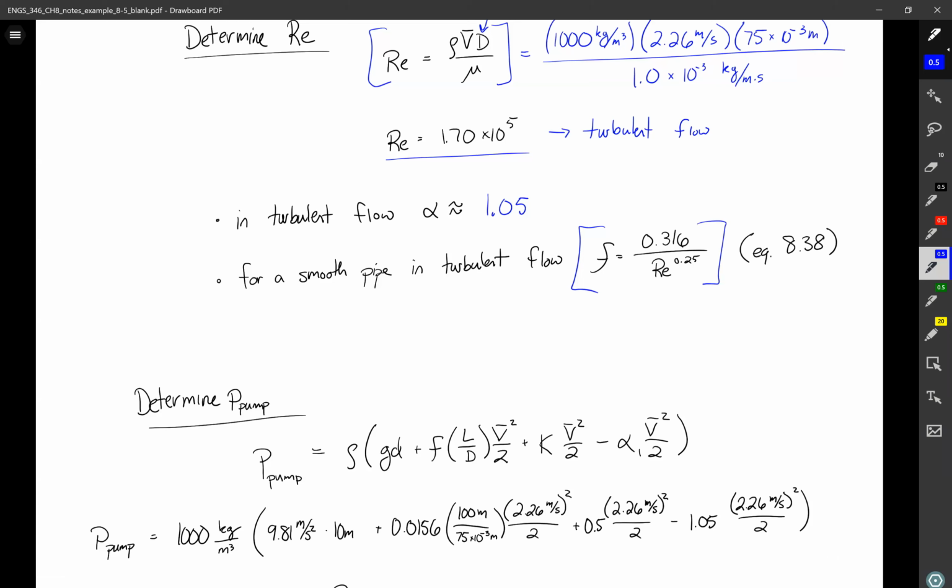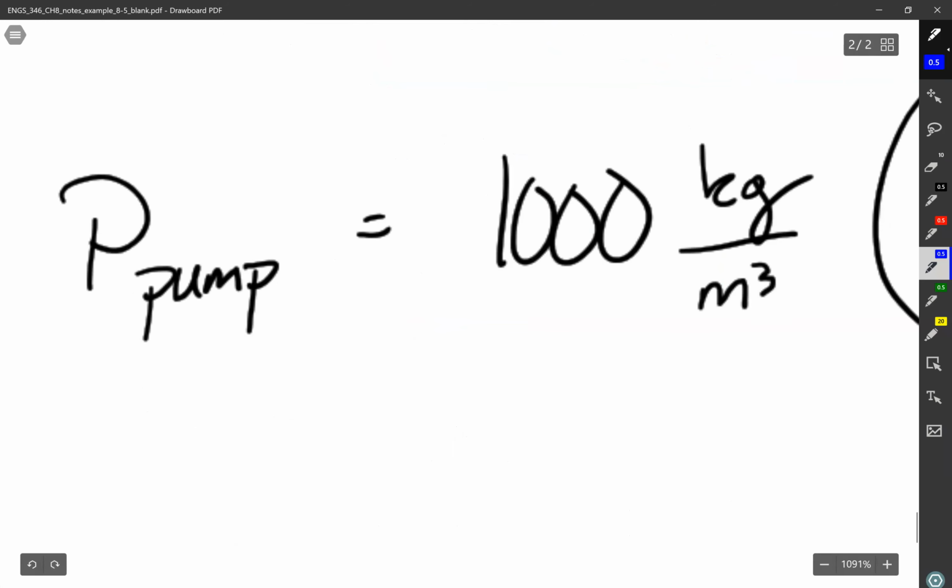If the pipe is not smooth, there are other correlations as well as the Moody chart, which can help us find the friction factor F. If we use this correlation, we find a friction factor of about 0.0156. So that gives us most of the things that we need.